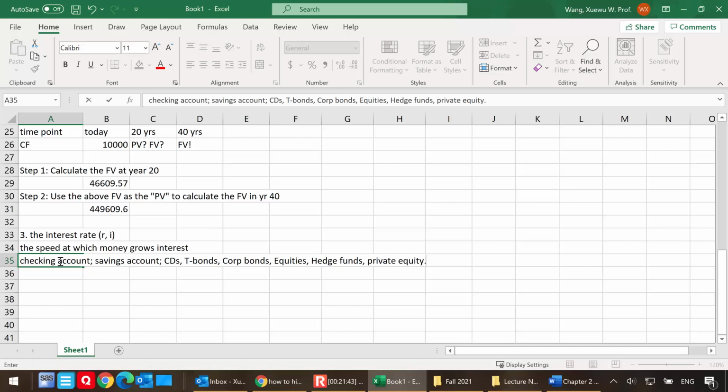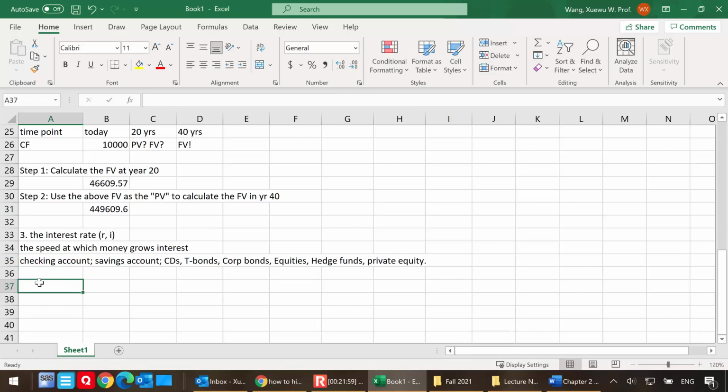These are the things people are talking about all the time. Star hedge fund managers can be very successful in picking the right stocks. They use a lot of sophisticated trading strategies, and they can earn great returns. These are the different examples of the speed at which money grows interest differently. All right, so now let's look at the cash flows.